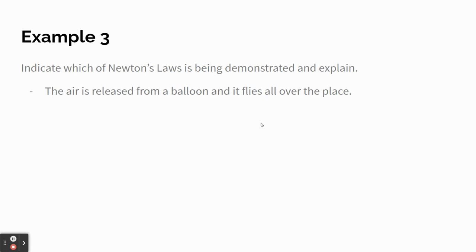You could probably explain how Newton's second law applies here as well, but really this one's showing that for every action, there's an equal and opposite reaction. As the air is pushing out, the balloon flies all over the place. The air is being blown out and the balloon is flying all over the place.